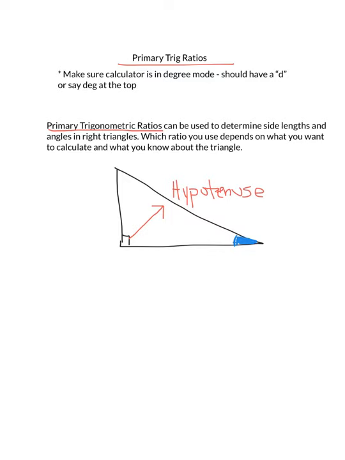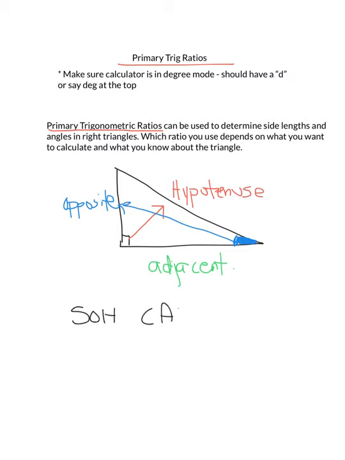So if this is my angle in question, the side across from it is going to be my opposite side. And the last side obviously is going to be my adjacent. Now you may remember learning about this last year, so you would have probably been taught a fun little word, SOHCAHTOA.